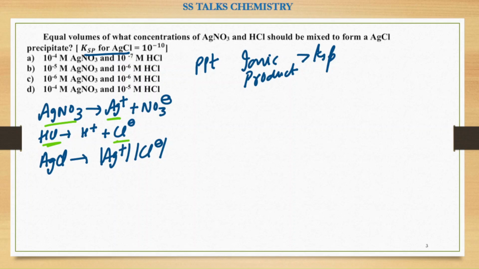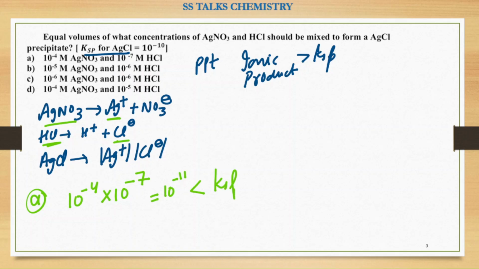Okay, so let us begin with this. In the first option, the AgNO3 concentration is 10 raised to the power of minus 4. From that, the Ag+ concentration will be 10 raised to the power of minus 4, and Cl- is going to be 10 raised to the power of minus 7, which gives 10 raised to the power of minus 11, and this value is less than the Ksp.